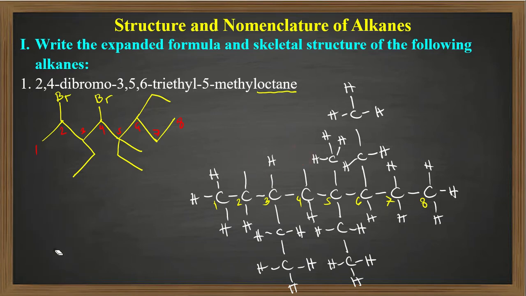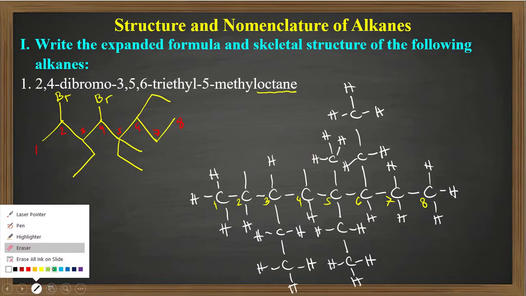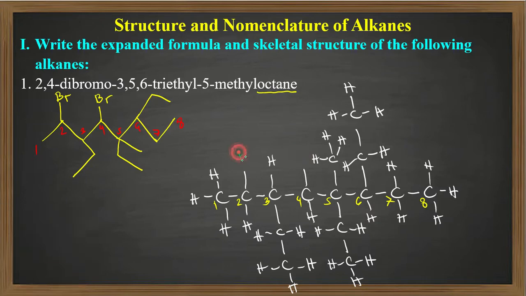Let's change the color for that para ma-distinguish natin yung halogen. So we have here 2,4-dibromo, 3,5,6-triethyl, then 5-methyl octane. That's the expanded formula for this one.